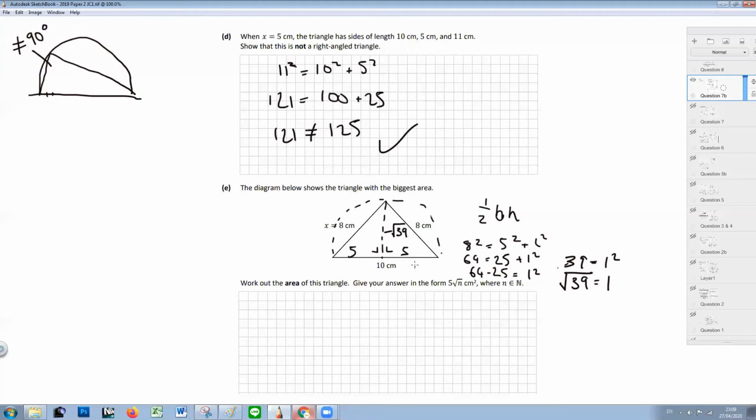Now we need to find the area based on this equation. So we know the area is a half of 10 multiplied by the square root of 39. Half multiplied by 10 is going to be 5, square root of 39 cm squared, and it's in this format, so we're good. All right, I hope that's clear.